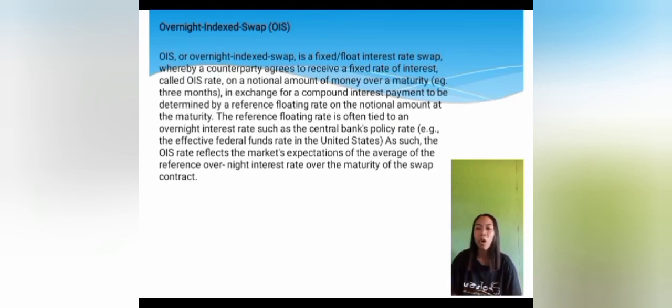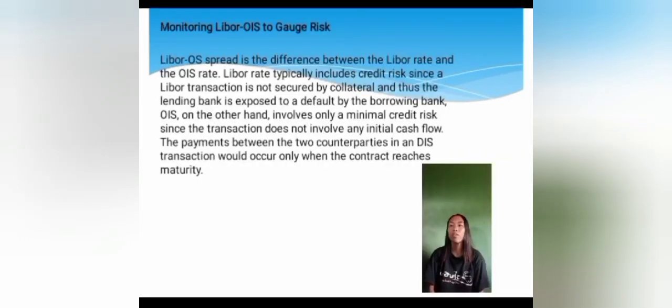Index swaps are specialized groups of conventional fixed rate swaps with terms that can be set from 3 months to more than a year. The next is monitoring LIBOR-OIS to gauge risk.